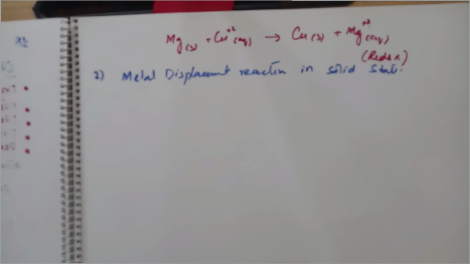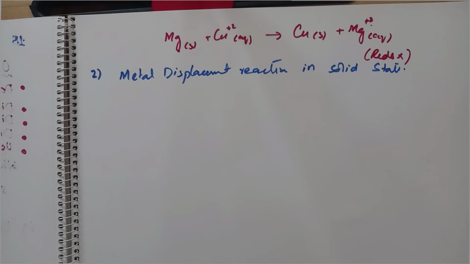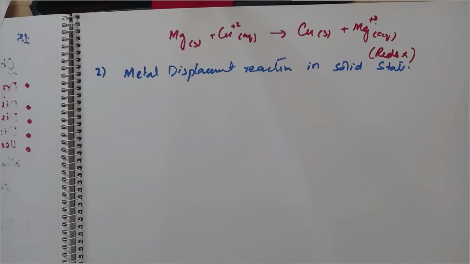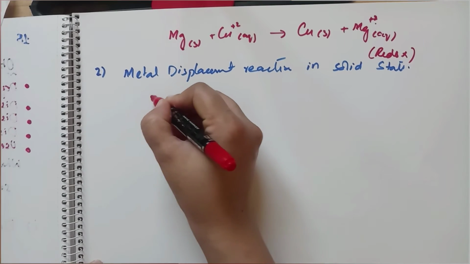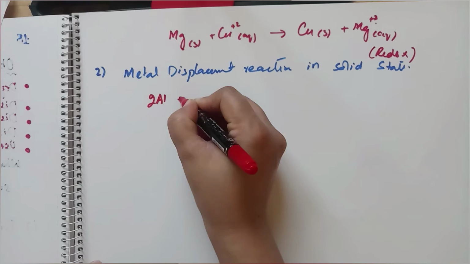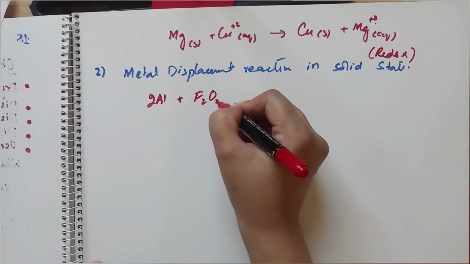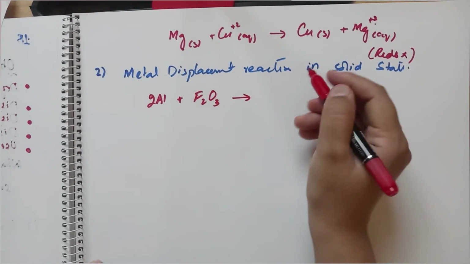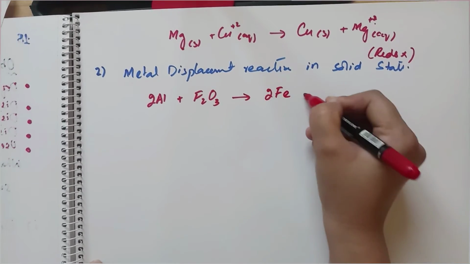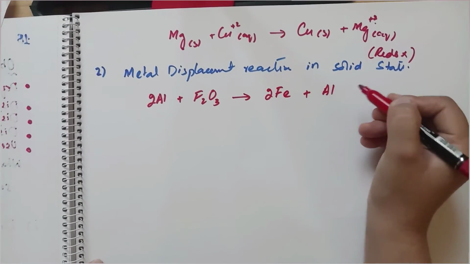They are not present in a liquid state or in a gaseous or in a solution form. Is it clear? So to understand this reaction, let's suppose we have a reaction: aluminium combined with ferric oxide and gives us iron and aluminium oxide.